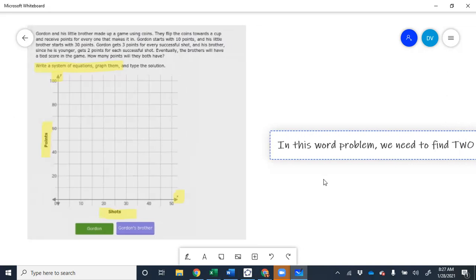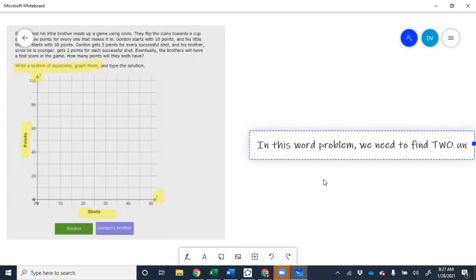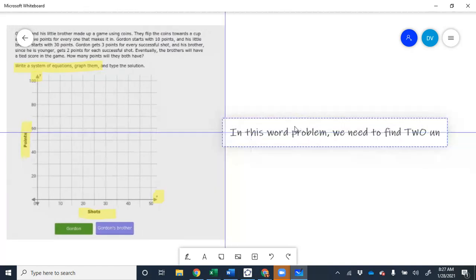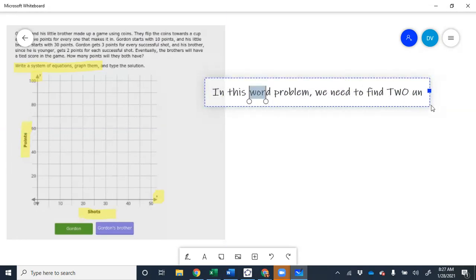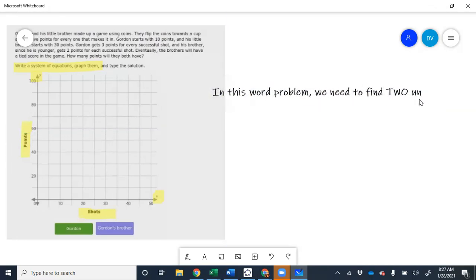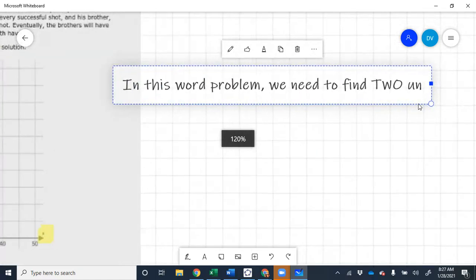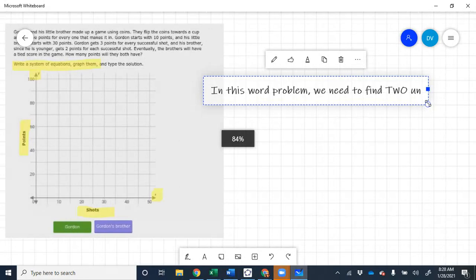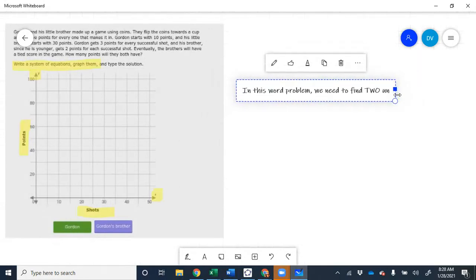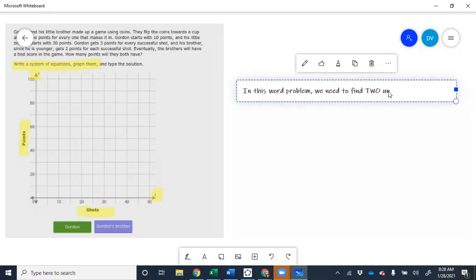In all of these problems we do, two unknowns, or variables, or letters.